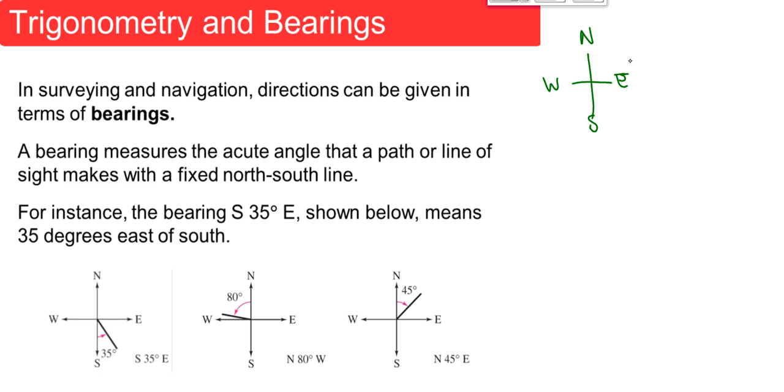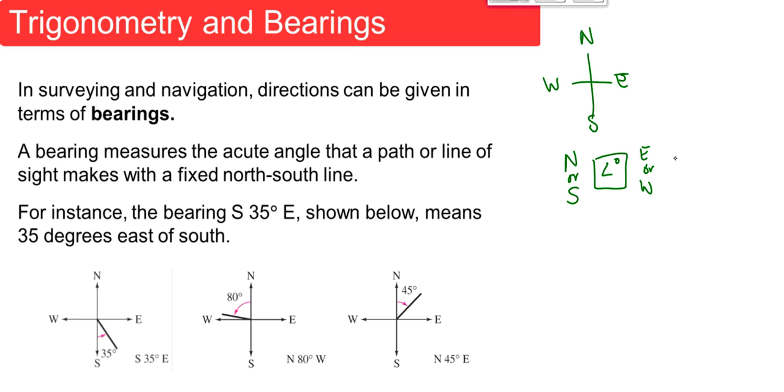When you give a bearing, you start with north or south first, and then you give an angle in degrees, and then you go east or west. That's important because, think about navigation, we want to always be starting on that north arrow, and south is just 180 degrees from there.